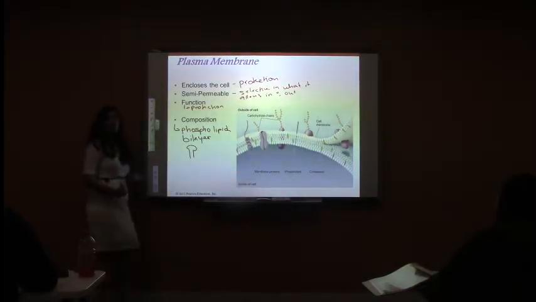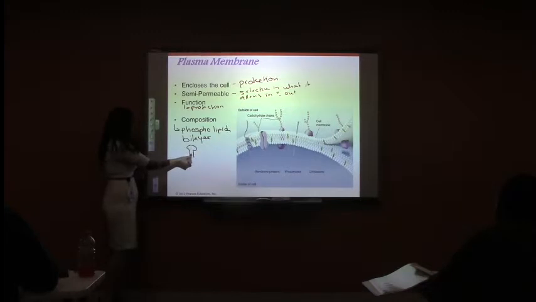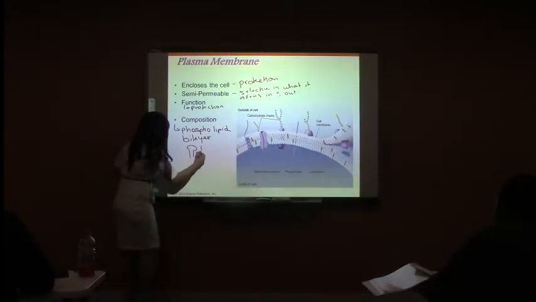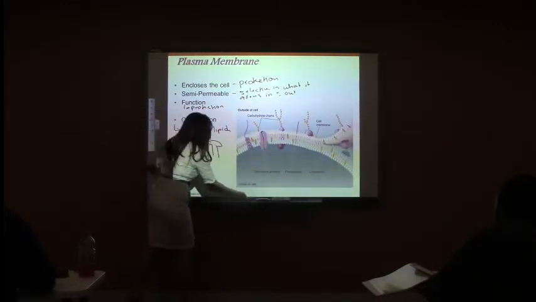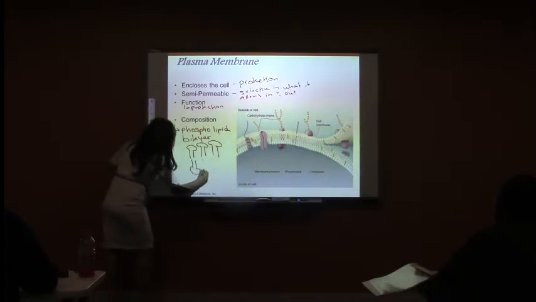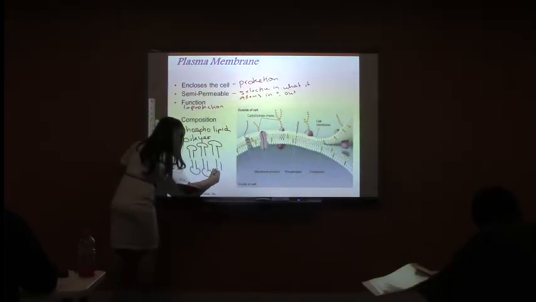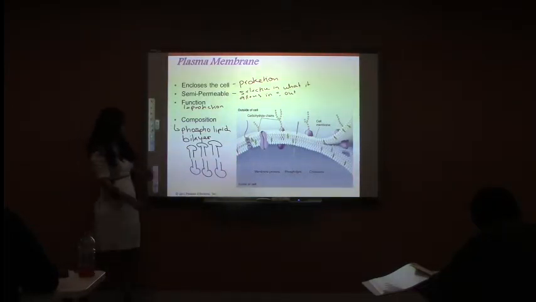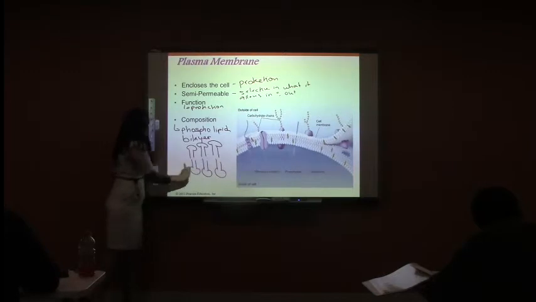You have a head and you have a tail. So one layer is like this, and then you have the second layer. You see, it's a phospholipid bilayer. First layer, second layer.